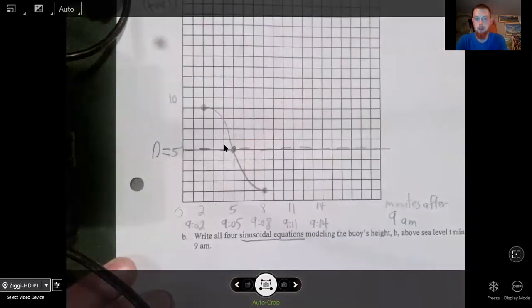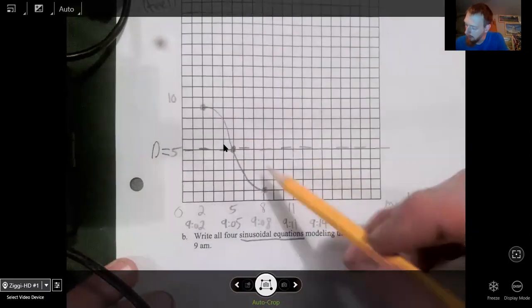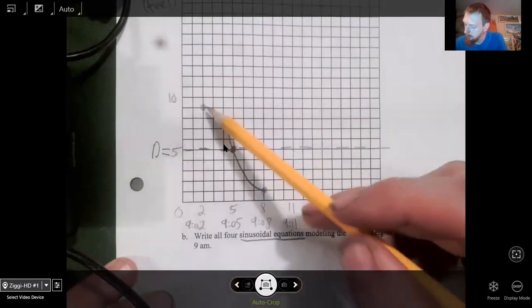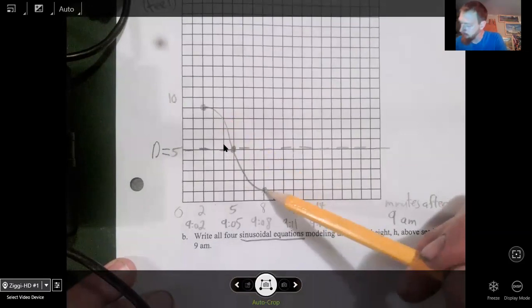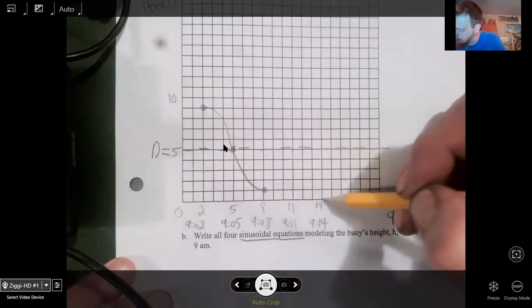It's going to be something a little bit like that. From here, we can use the symmetry of sinusoidal graphs to complete one period, okay? So I know that to complete half a period is 6 minutes. So I should be back to where I started after 6 more minutes. That's going to be at 9:14.